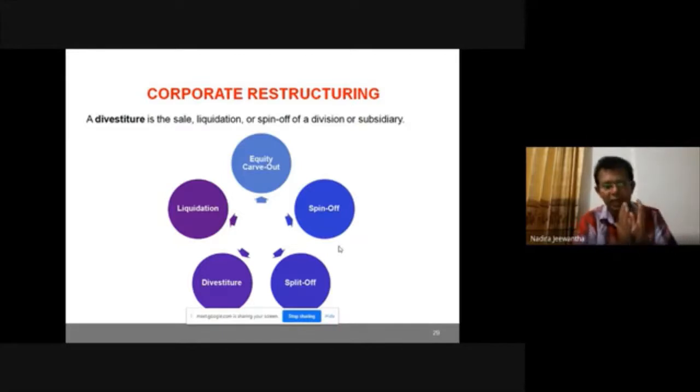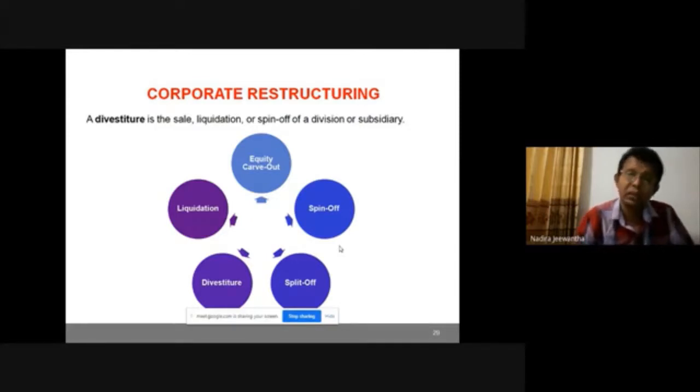So loss-making companies turn around to become profit-making companies, meaning what? Capital restructuring, corporate restructuring. So corporate restructuring is loss-making companies becoming profit-making companies, which is turning around the company.